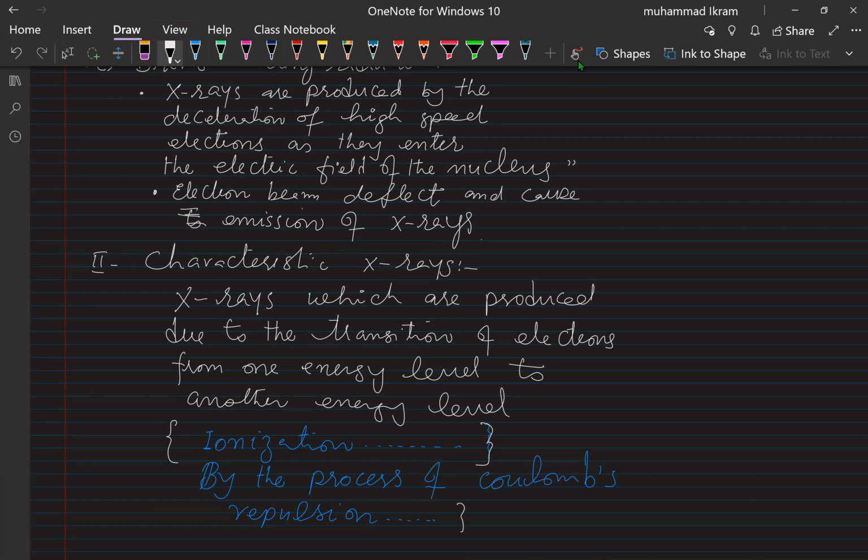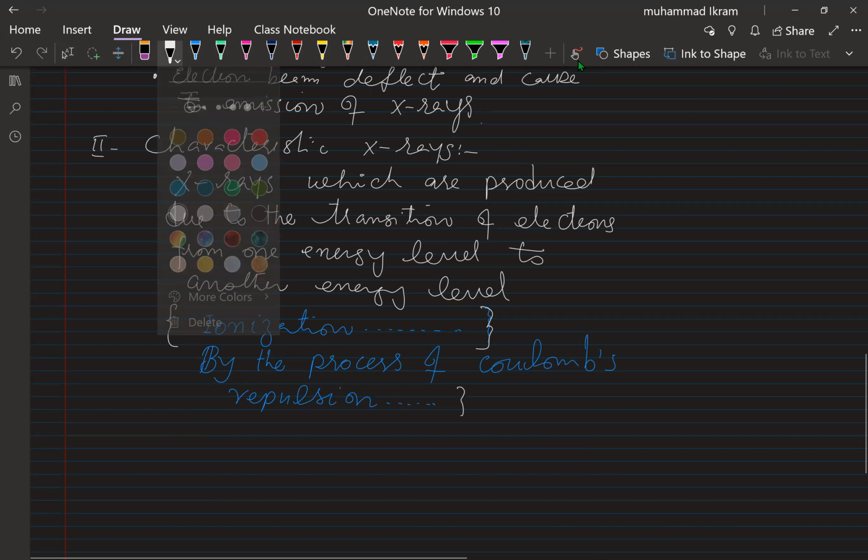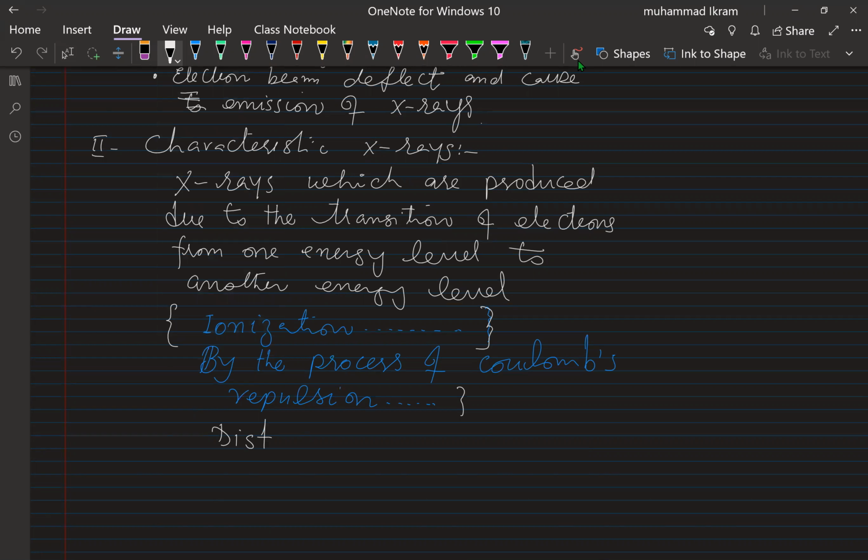And they are called the characteristic X-rays because they are distinctive for a particular element, as I told you earlier, which means Z dependence.